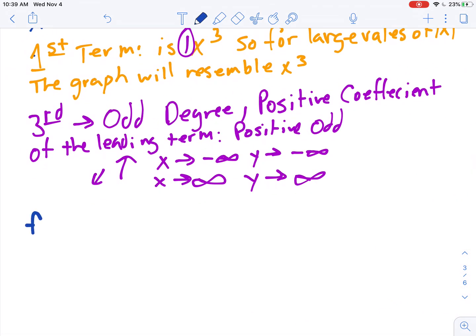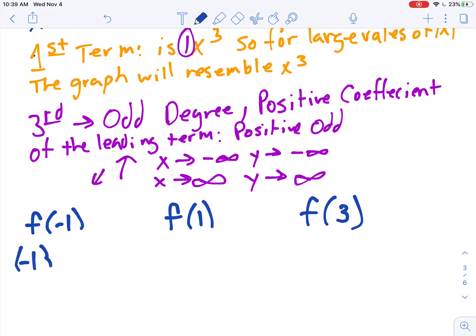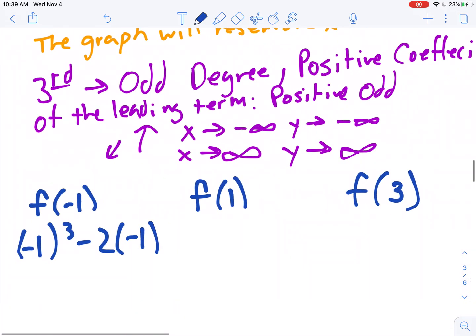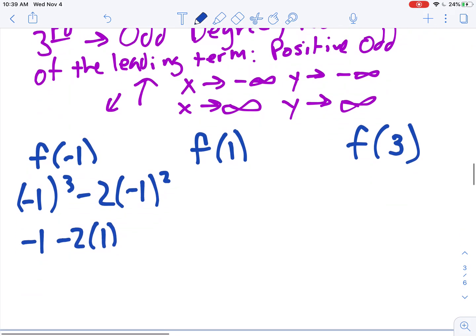So I'm going to find f of -1, f of 1, and f of 3. I've got -1 cubed minus 2 times -1 squared. So I've got -1 minus 2 times 1.